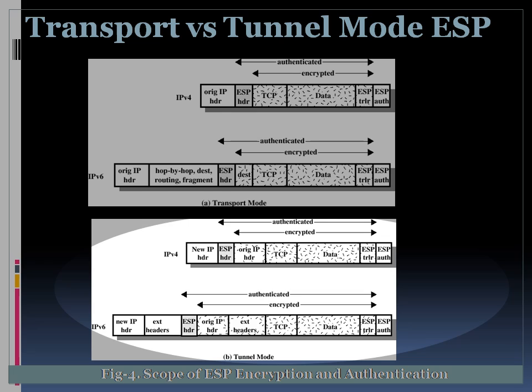So to repeat, since the IP header contains the destination address and possibly some source routing directives and hop-by-hop information, it is not possible to transmit the encrypted packet prefixed by the ESP header. The reason is that the intermediate routers may not be able to process such a packet.